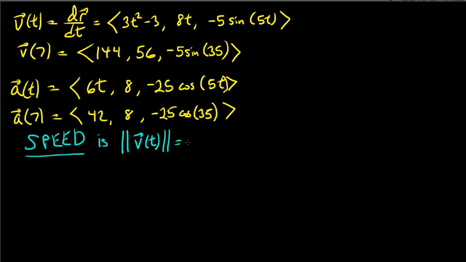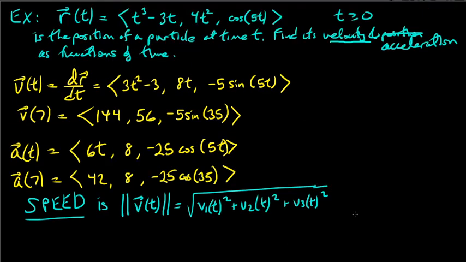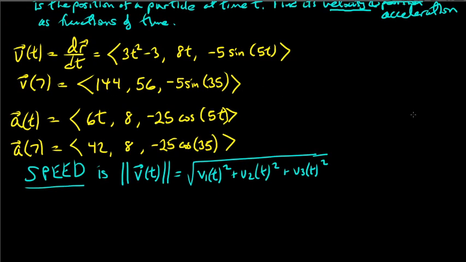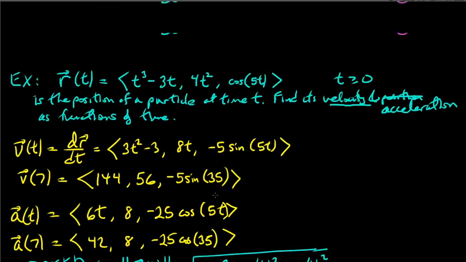In component form, it's v1 squared plus v2 squared plus v3 squared, and then take the square root. So you can do that here. If you want the magnitude of the velocity, you get the speed. Okay.